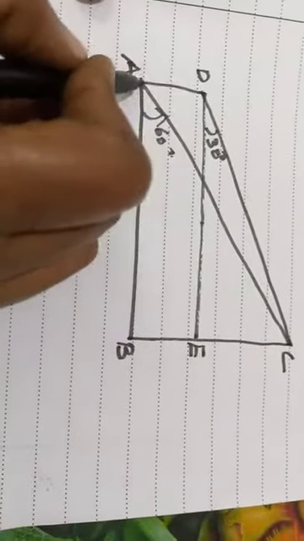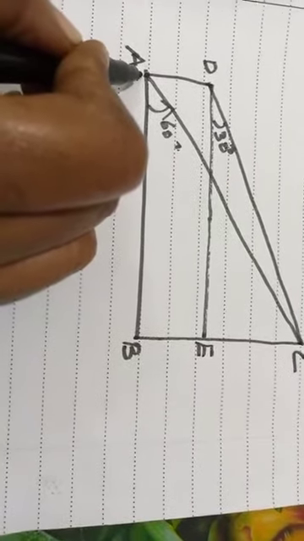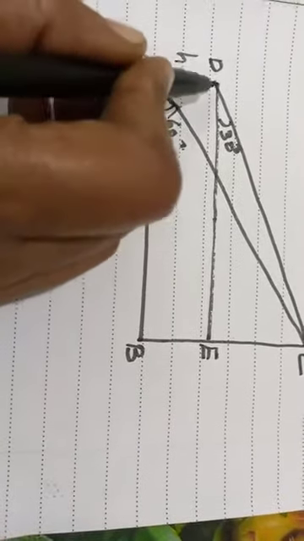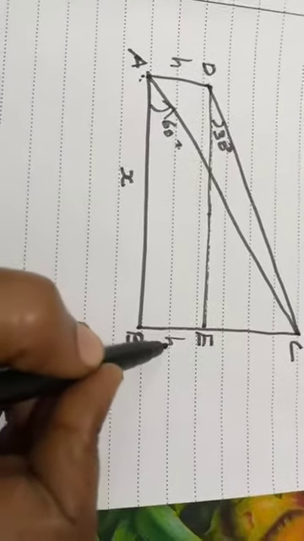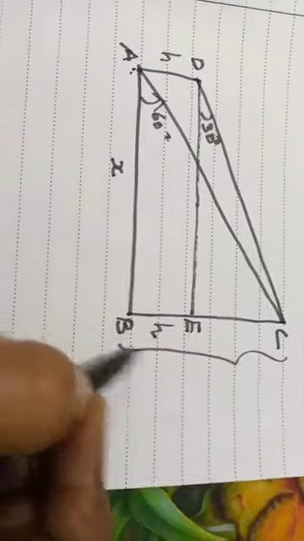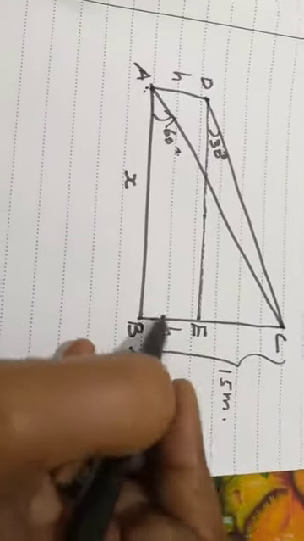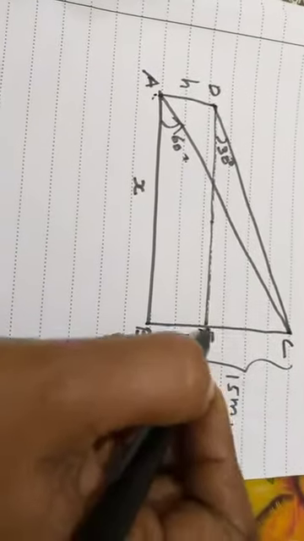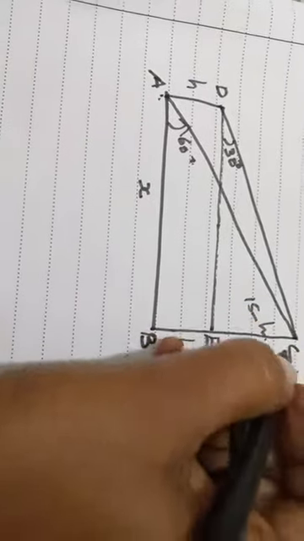So this AD distance we have to find out. What is the height of the electronic pole? Let us take it as h. So this AD is h, which means DE also will be h. The total height of this tower is given as 15 meters, so this EC will be 15 minus h.